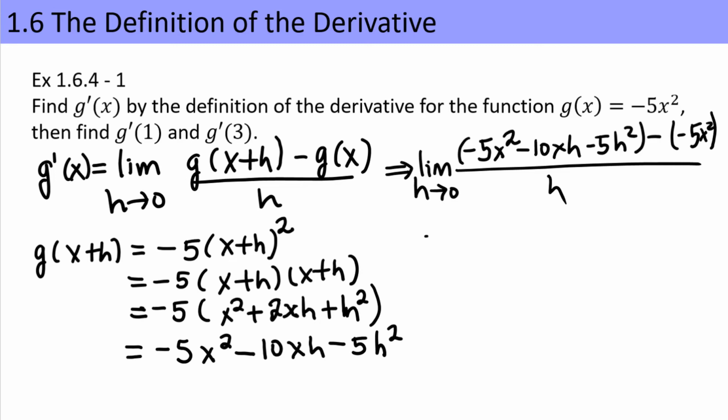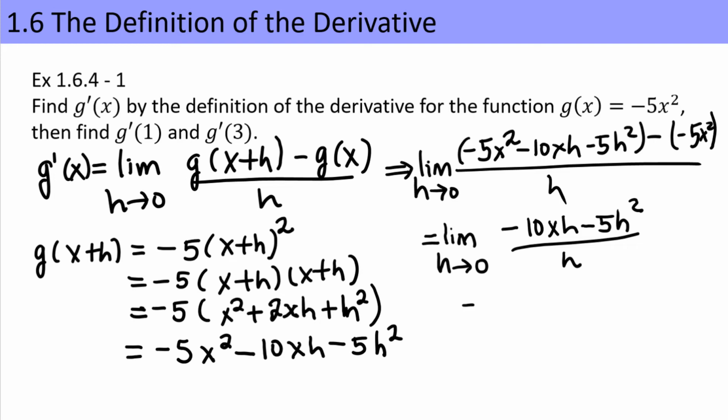So this will be equal to the limit as h approaches 0 of, and in the numerator, the minus 5x squareds cancel, so the remaining terms will be negative 10 xh minus 5h squared divided by h.